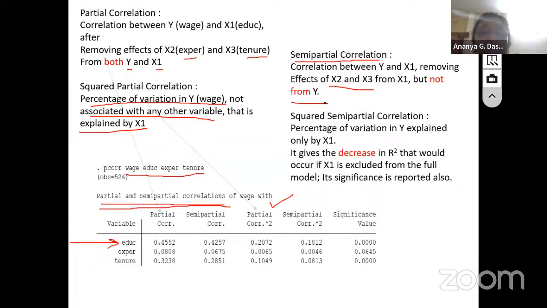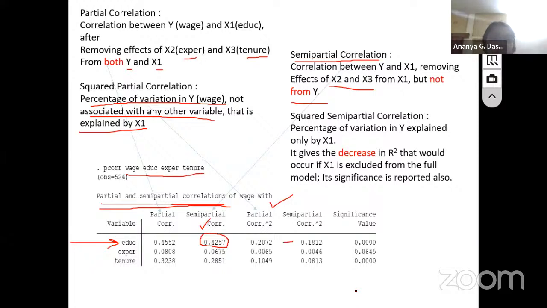So this is basically giving you the correlation between y and x1 alone, no other variable. Okay, that's what this 0.18 is. So the semi-partial correlation is this one. That's what this particular number is giving you.